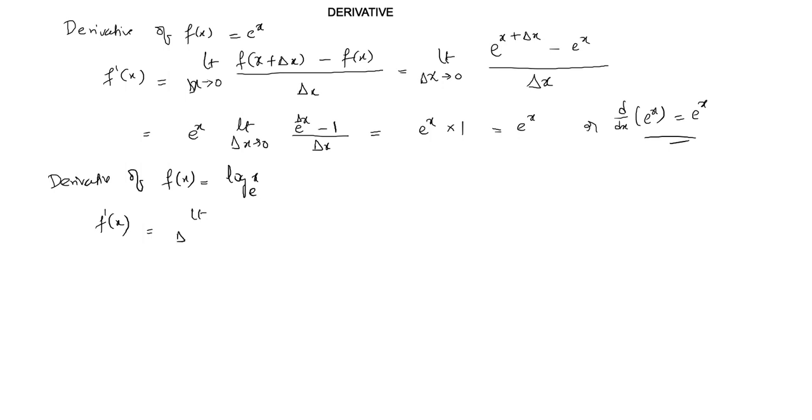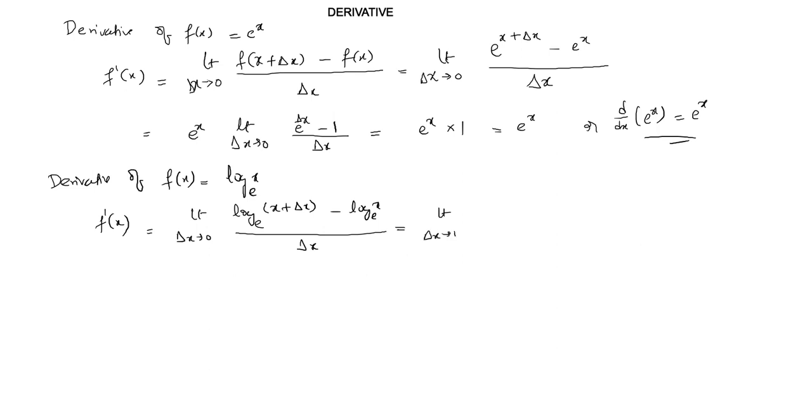Let us substitute as the limit as delta x tends to 0 of log of x plus delta x minus log x to the base e, right, divided by delta x. We have taken the limit as delta x tends to 0 of f of x plus delta x minus f of x by delta x.